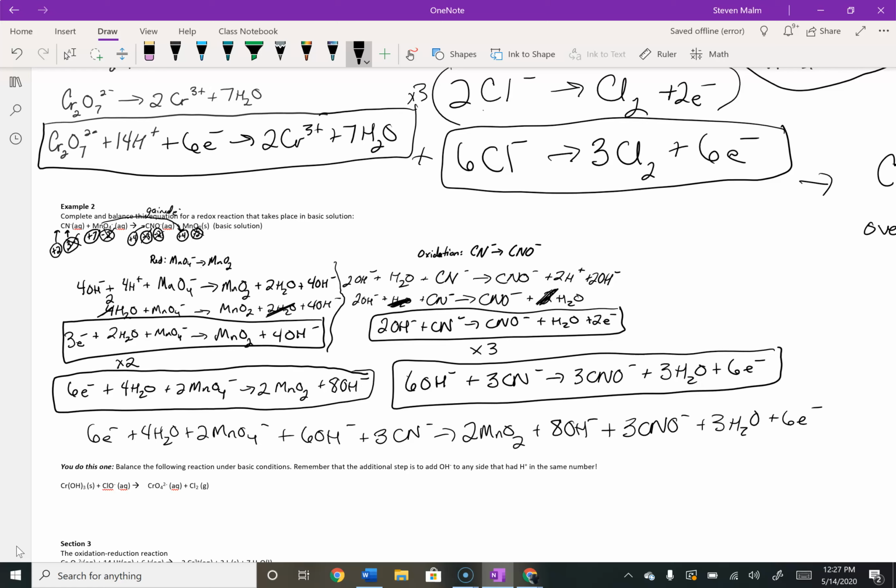Next thing to do is to cancel stuff out that's on both sides. So we're going to cancel out these electrons. Looks like we've got 3 H2O on this side and 4 on this side. So we're just going to reduce that to 1 on the left. Then I've got 6 OH on this side and 8 on this side. So I'm going to reduce that to a 2.